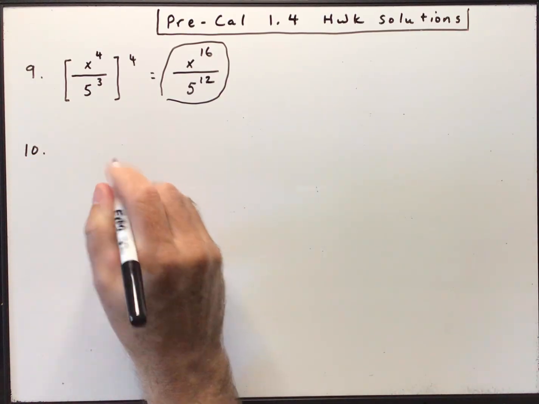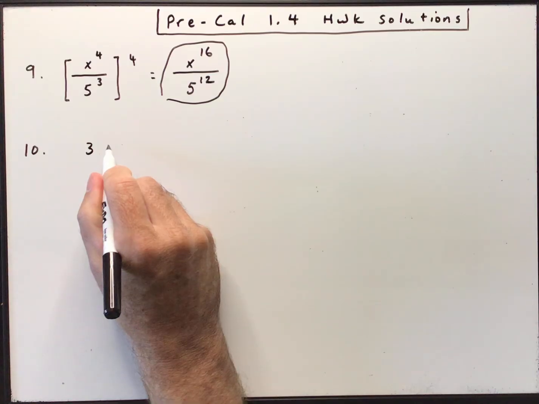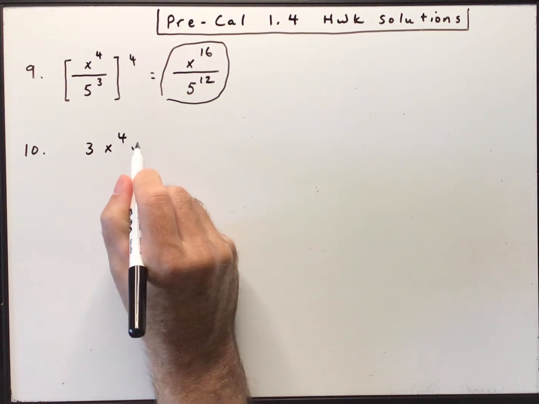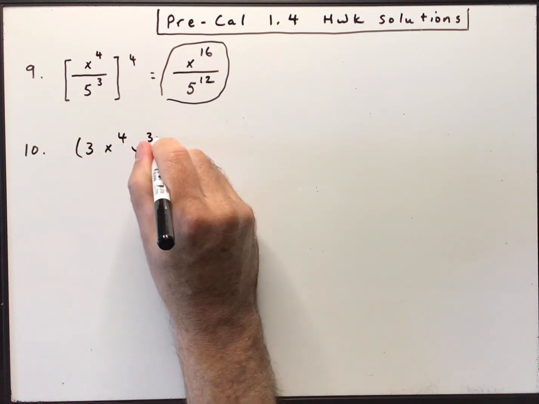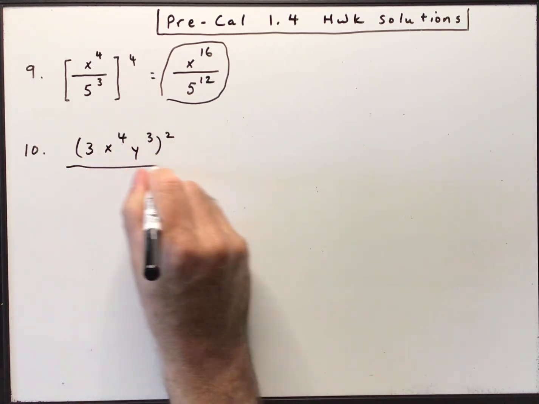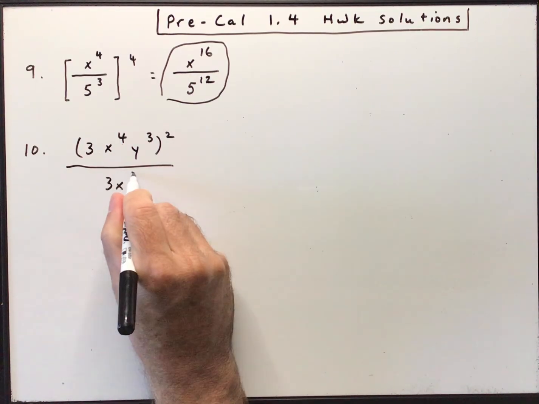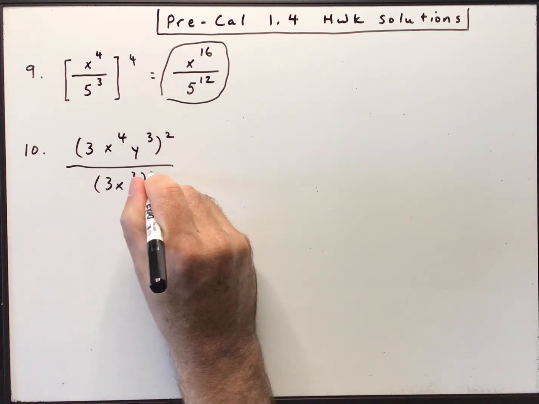All right, number 10, we have 3x to the 4th y cubed. That entire quantity is squared over 3x cubed, and then that quantity is squared.